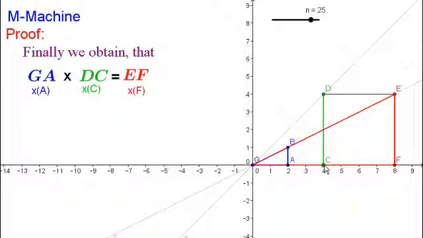And segment EF represents the x-coordinate of point F. And again, this is true because we're looking at EF being congruent to DC. And if it is congruent to DC, then it is congruent also to this ratio.